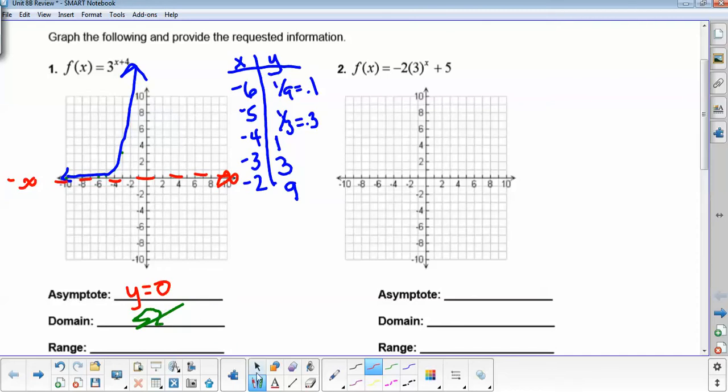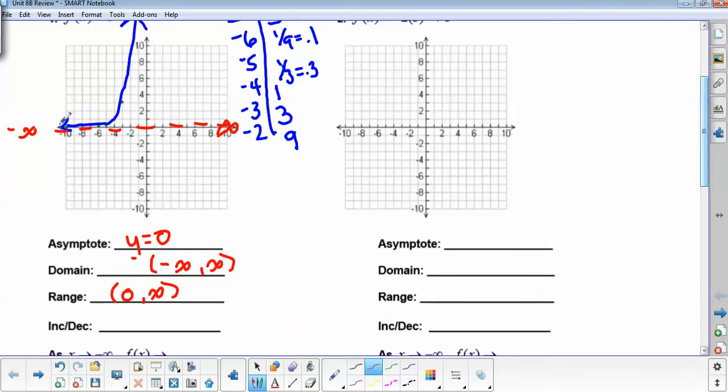So my domain is -infinity to +infinity. My range starts right after this asymptote, and it doesn't touch the asymptote, so I won't include 0. So the parentheses means don't include 0, and my range goes 0 to infinity.